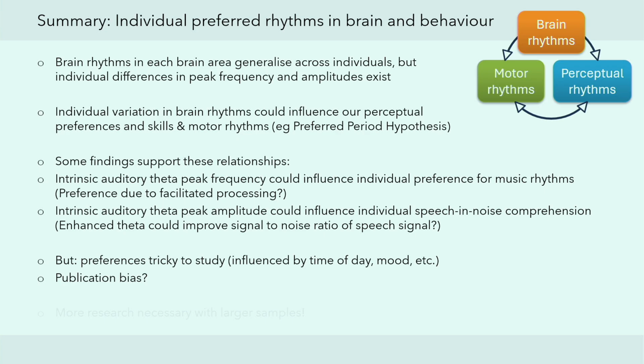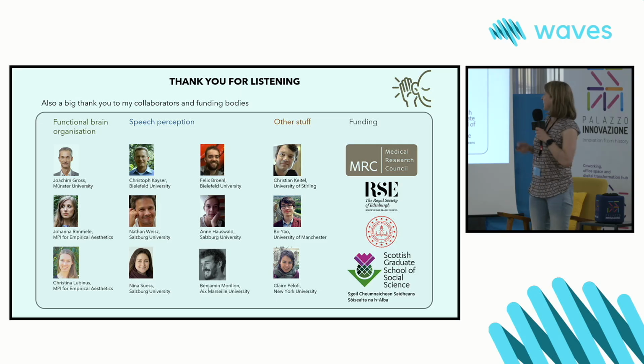There might be something there, but there are also some studies that show no relationship between different things, and there might be lots of studies in people's drawers where they didn't find any significant relationship. So I think the jury is still out on whether all these things are related or not, and we need more research with large samples. Okay, that's me.